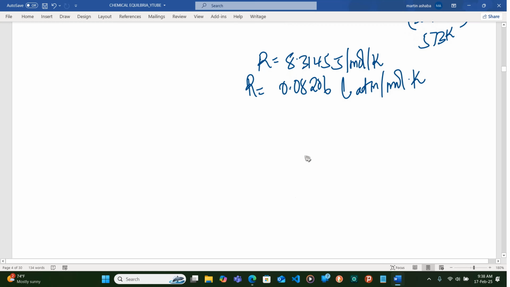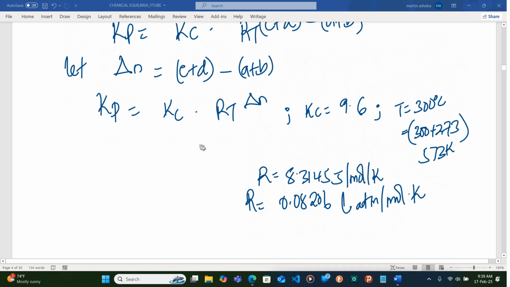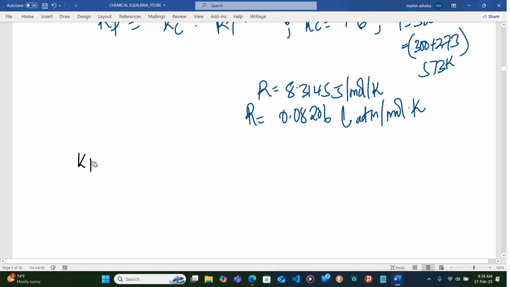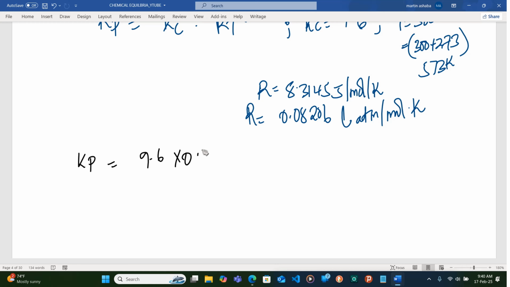I'm going to have Kp. So once we have that, we are going to substitute in our equation here, so that Kp will equal Kc, which is 9.6, then we multiply by 0.08206. Then we are multiplying it by temperature 573, and everything to the power of the change in n.